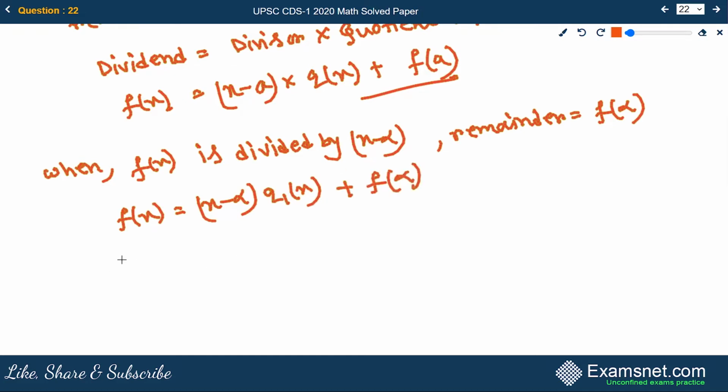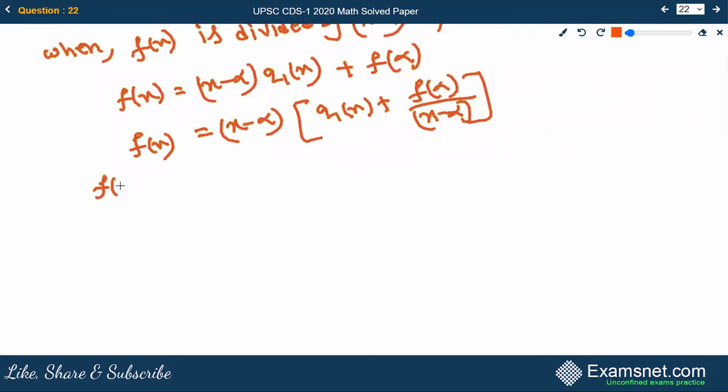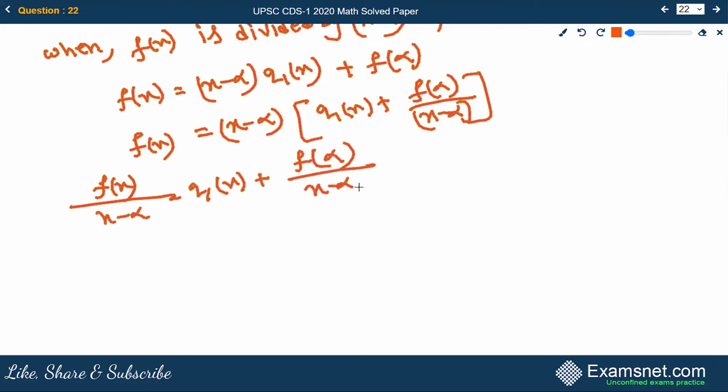Further, if I take x minus alpha common, we get f of x by x minus alpha equals q1 of x plus f of alpha by x minus alpha. Let's name it 1.